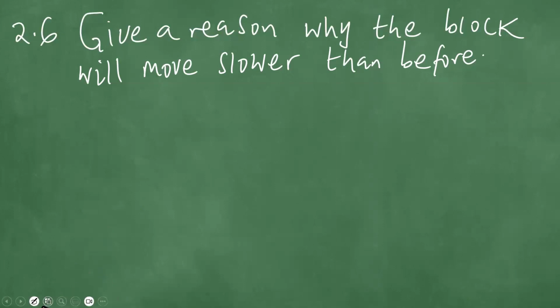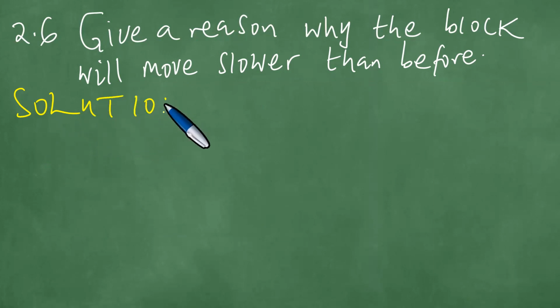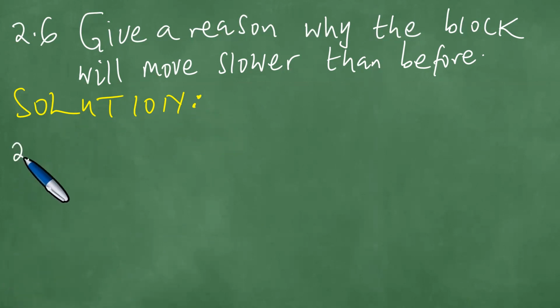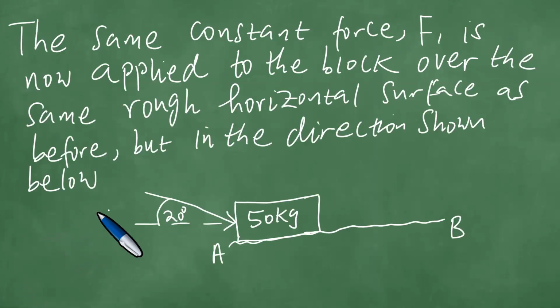Okay, we look at the solution to 2.6. The same constant force F is now applied to the block over the same rough horizontal surface as before, but in the direction shown.